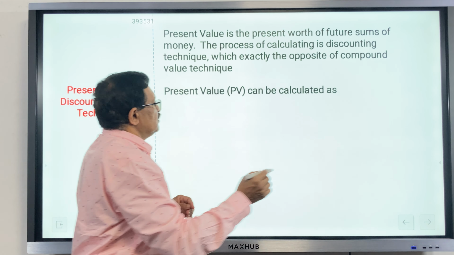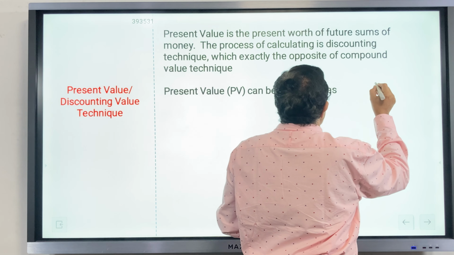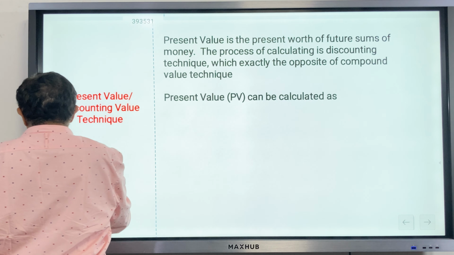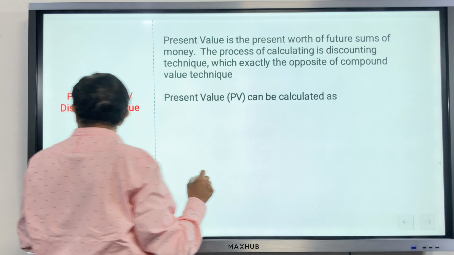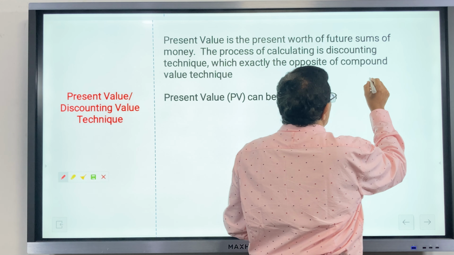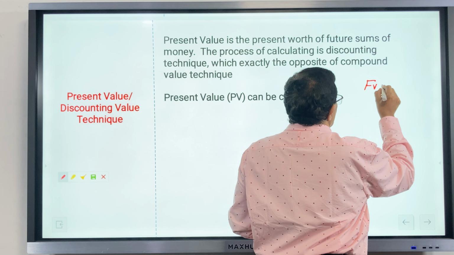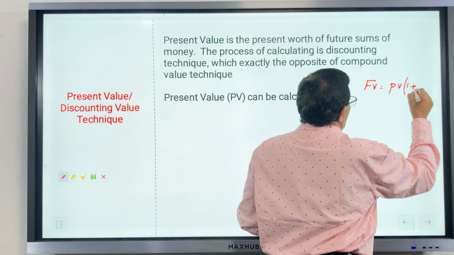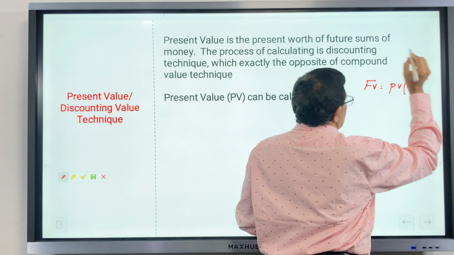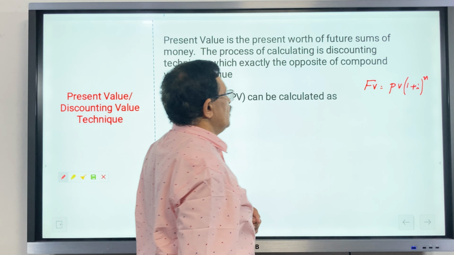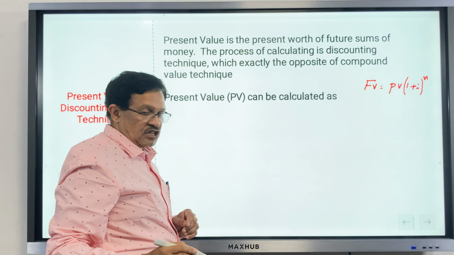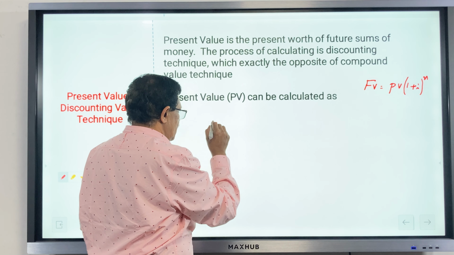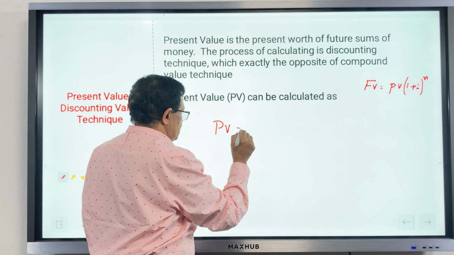We know that the future value is equivalent to present value multiplied by (1 plus I) whole to the power of n. Then by cross multiplication, the present value can be calculated like this.